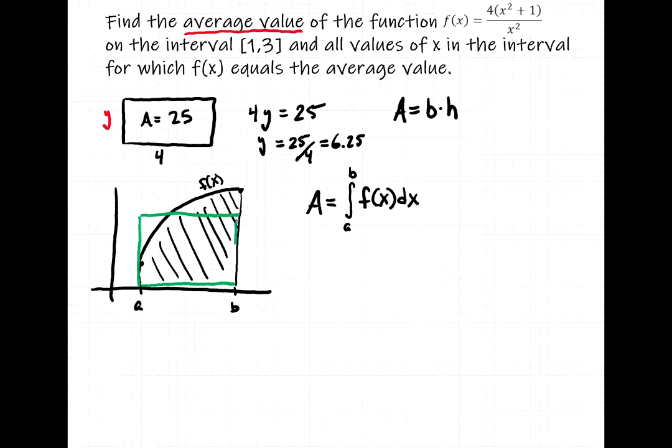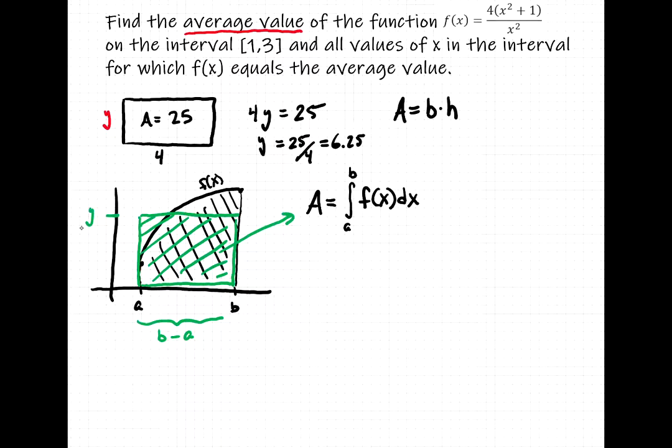We can make a rectangle that has the same area in green as the area in black. So if we choose the right height, this green area will have the same area as the area under the function. The base of that rectangle, we know, is b minus a, and the height is this unknown y value.